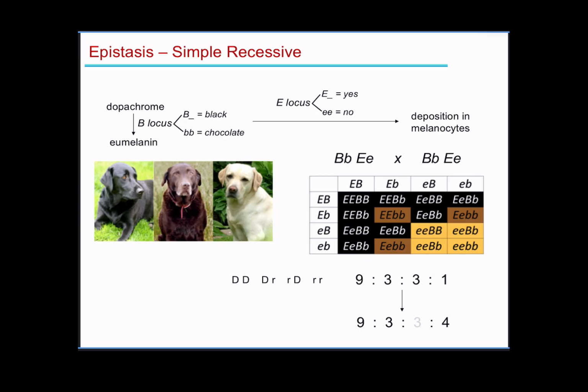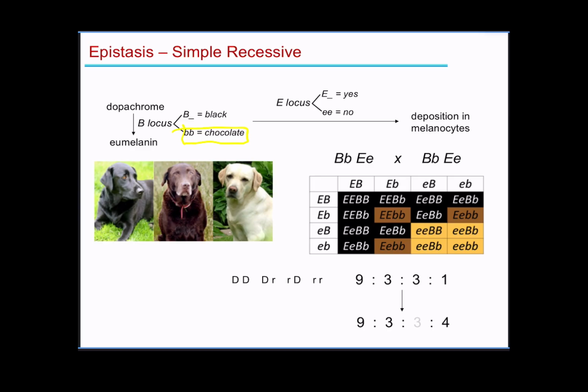Okay? Only if they are homozygous recessive for the B locus would you see that there is no production of eumelanin, and these dogs are full of the chocolate pigment. So far, so good? So there is this locus, the B locus, that if homozygous recessive, it's chocolate. If heterozygote or homozygote dominant, black pigment production.